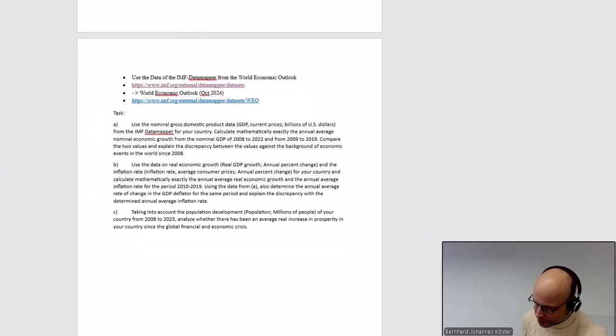So now we want to choose Australia, and what we shall do is calculate mathematically exactly the annual average nominal economic growth from the nominal GDP starting at 2008 to 2022, and you shall compare this if you choose a little other period from 2009 to 2019, and then you should compare your outcome. You should interpret a little what you are seeing.